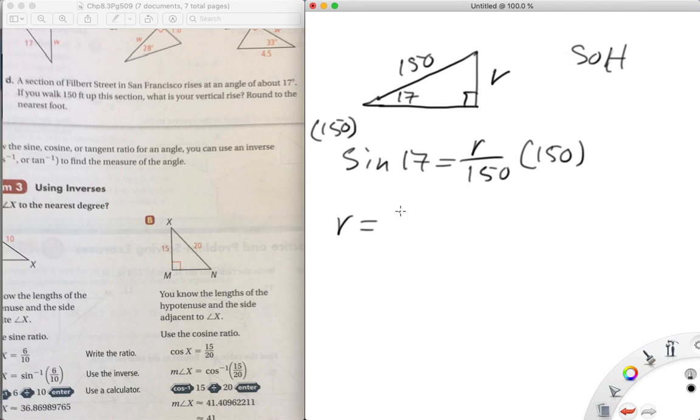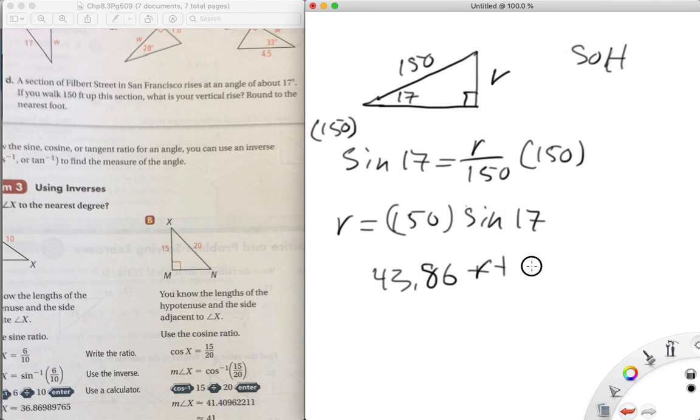So R is equal to 150 times sine of 17. So sine 17 times 150, and I get that the vertical rise is 43.86 feet. They want to round it to the nearest foot, so that's about 44 feet.